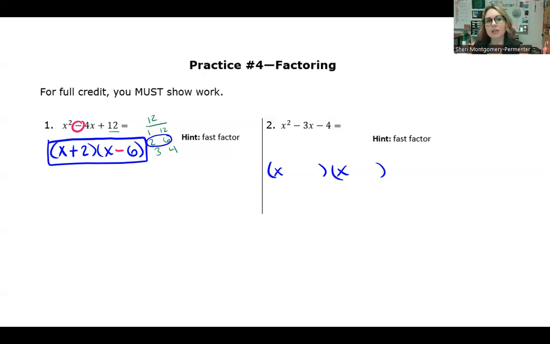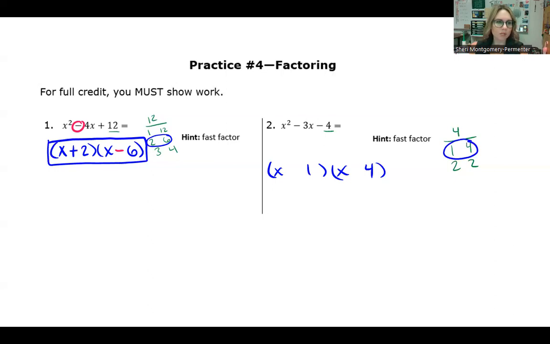The second question, we have to find factors of 4. So factors of 4, pretty short list. 1 and 4, 2 and 2. Which one of those pairs can I put together to make 3? 1 and 4. So I'm going to put 1 and 4 in my factors. Doesn't really matter which order.